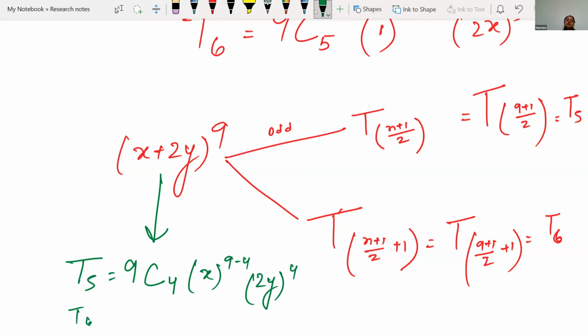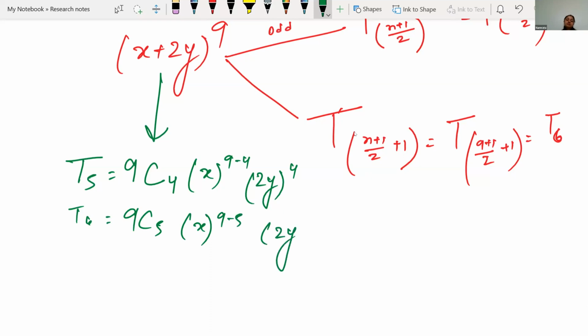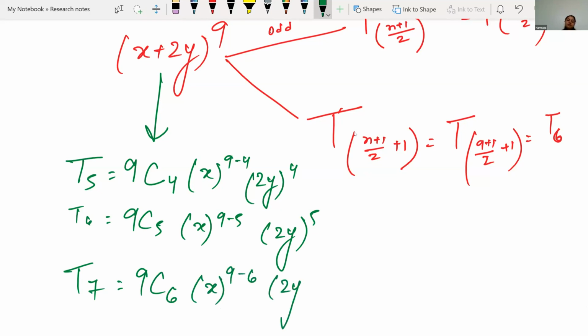Now the sixth term will be, can you please tell me quickly? 9C5, x to the power 9 minus 5, (2y) to the power 5. Yes. If I say the seventh term, it will be 9C6, x to the power 9 minus 6, (2y) to the power 6. This is how we will find any term asked, using the r plus 1th term formula. Okay.